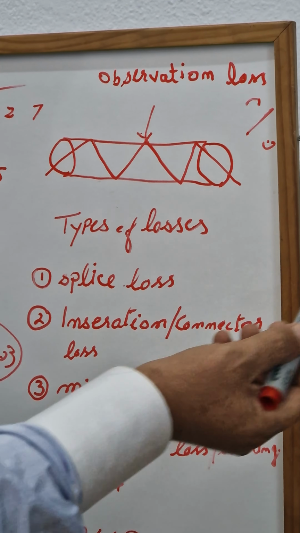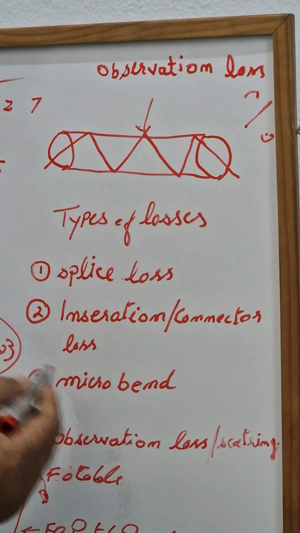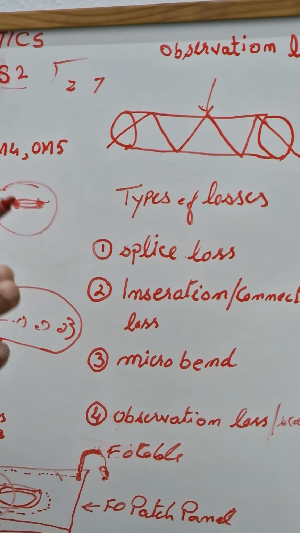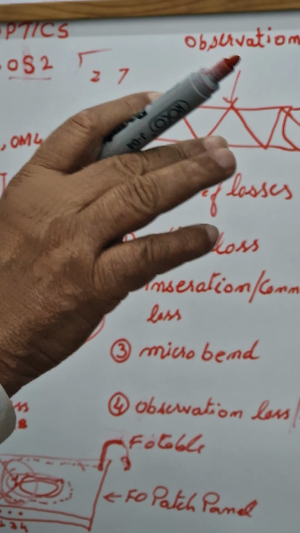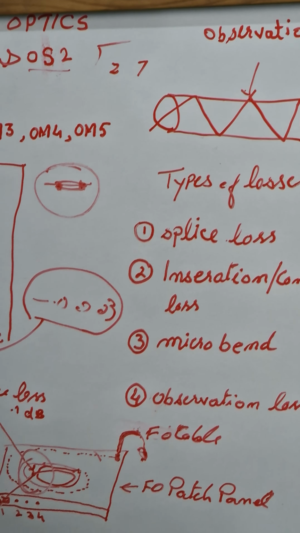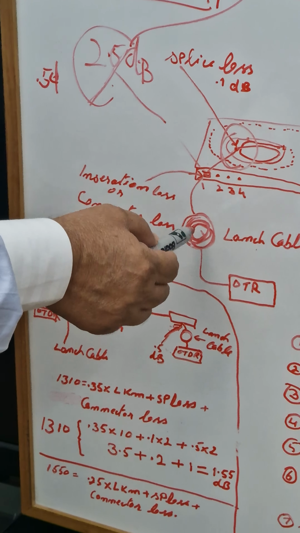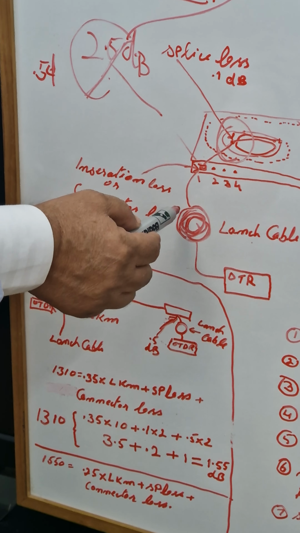To avoid this, we put another launch for that, but it takes too much time and very high cost. So we just consider simple testing with one side with the one launch cable.